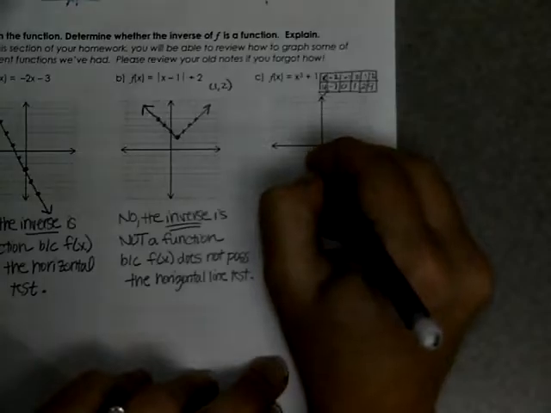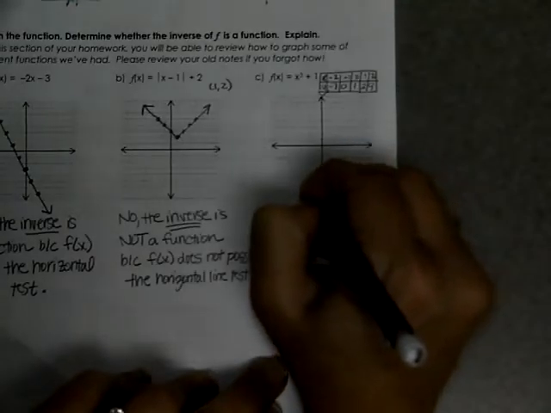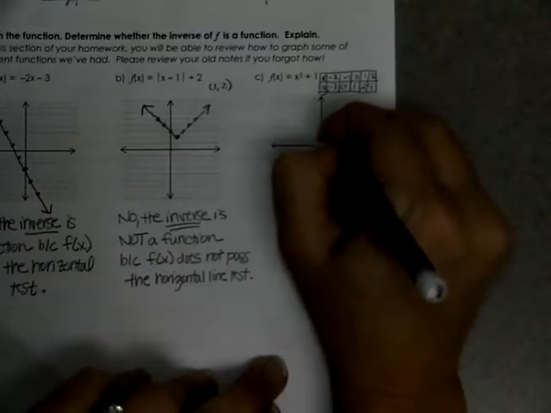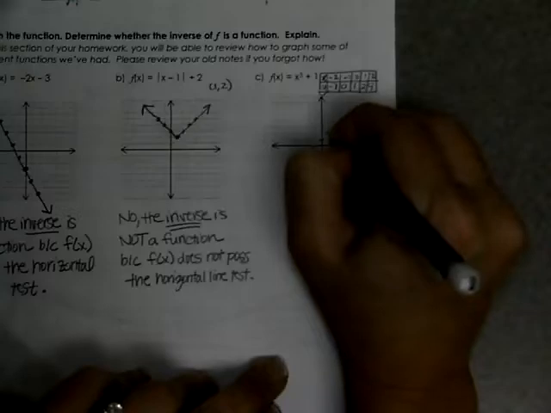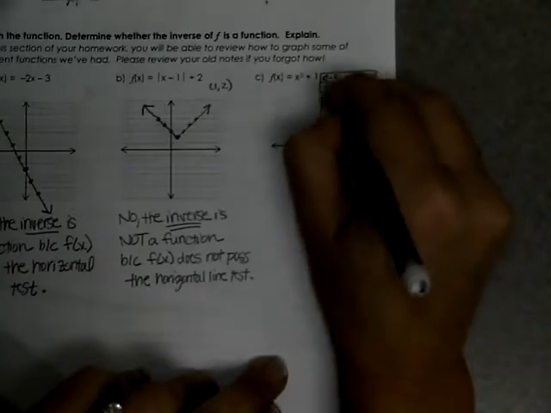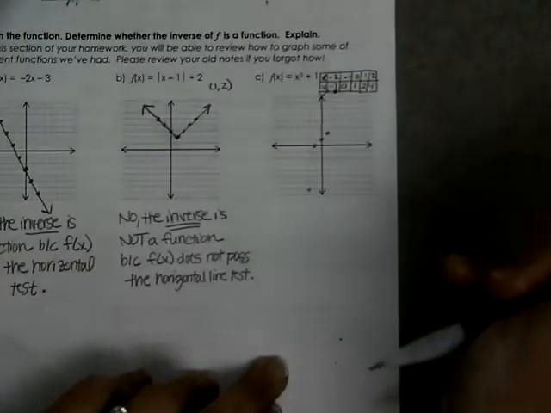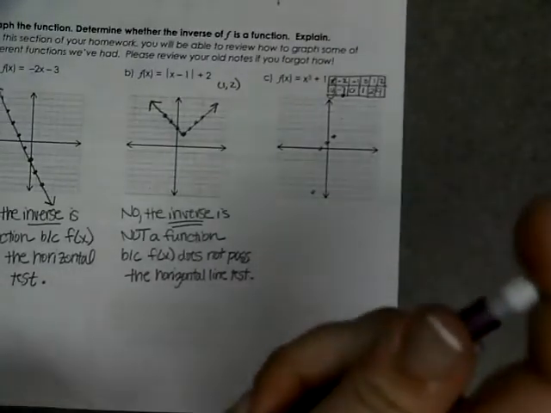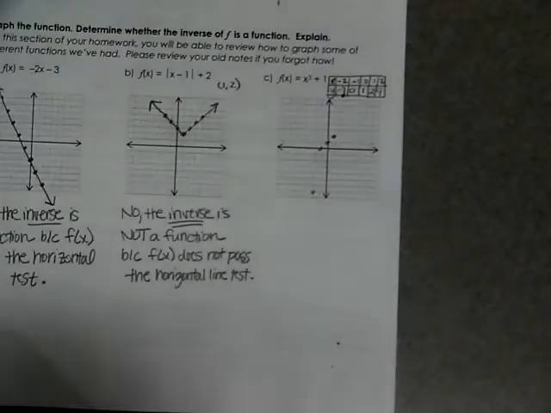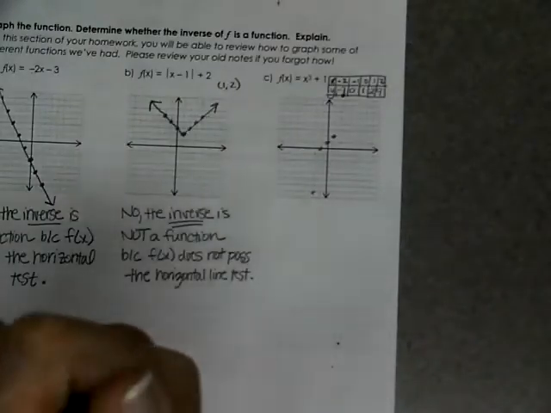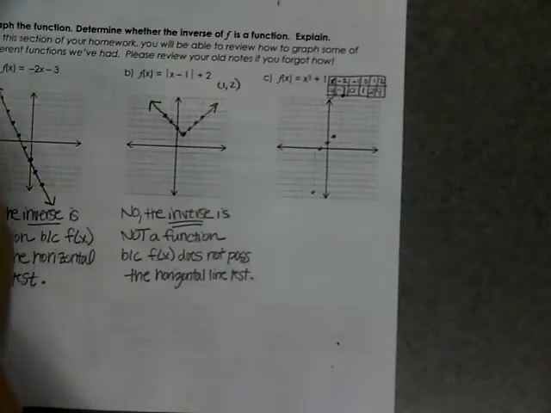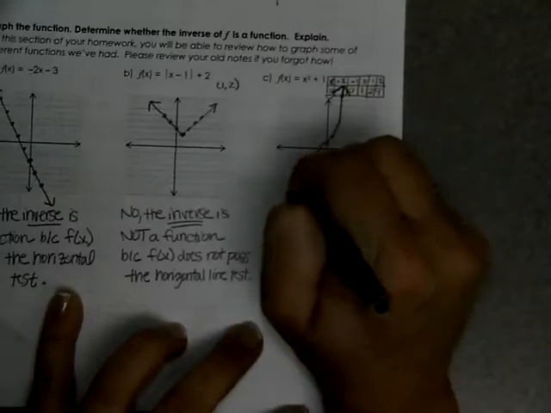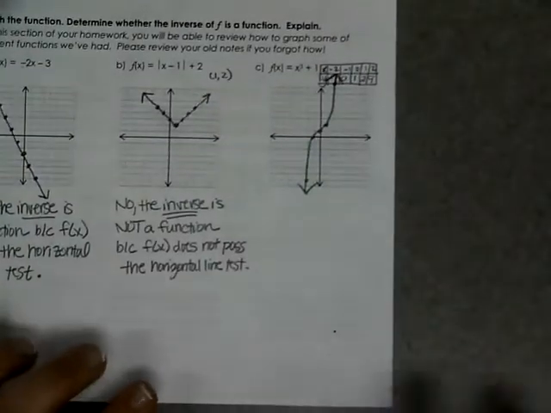And so we could graph those and see how the graph looks. And so if I look at this function, I can see, if I graph, it looks like this.